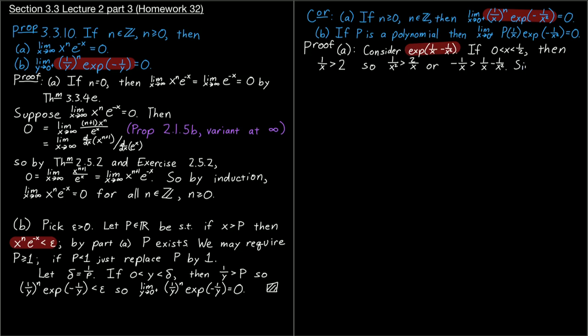And then since exp is increasing, which, recall, is from theorem 3.3.4 or D, we have that exp of negative 1 over x is strictly greater than exp of 1 over x minus 1 over x squared.